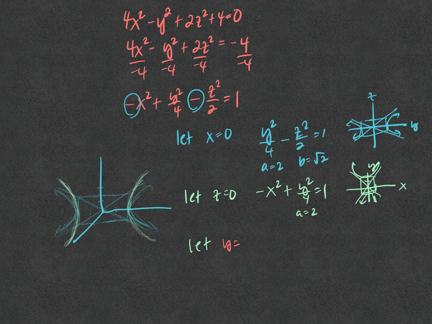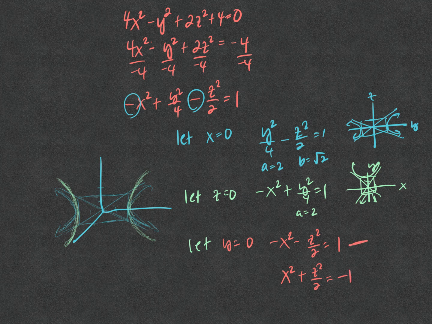So when we let y equal 0, then we have negative x squared minus z squared over 2 equals 1. So the problem is we want to call it x squared plus z squared over 2 equals negative 1, but that's a problem.